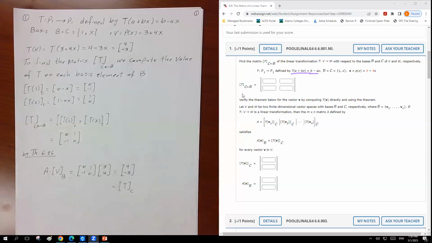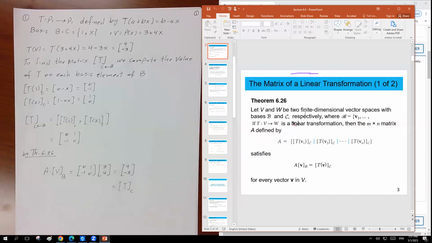So we're going to base this on this theorem. Let V and W be finite dimensional vector spaces with bases B and C respectively, where B is v1 until vn.